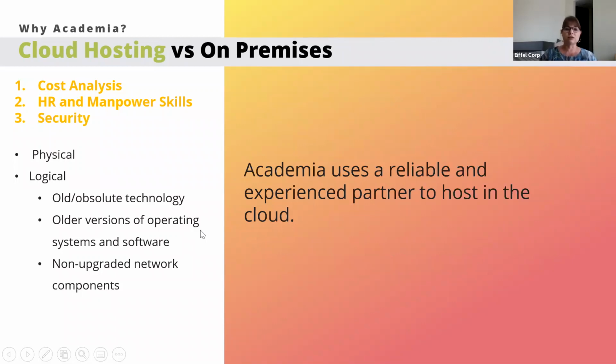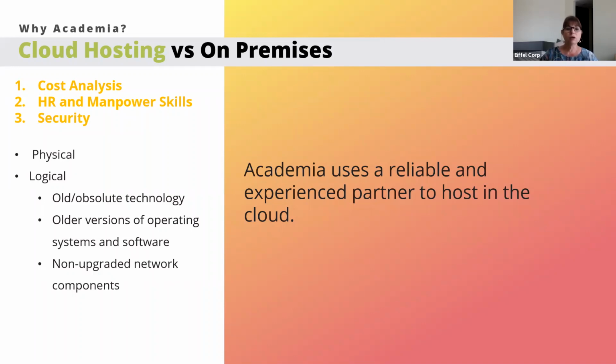Thirdly, let's look at security. There are two components in security when you look at cloud hosting versus on-premises: physical security, but also logical security, which looks at components like old and obsolete technology, which, I want to admit, you may still use, such as older versions of an operating system and software, and non-upgraded network components in your on-premise environment.